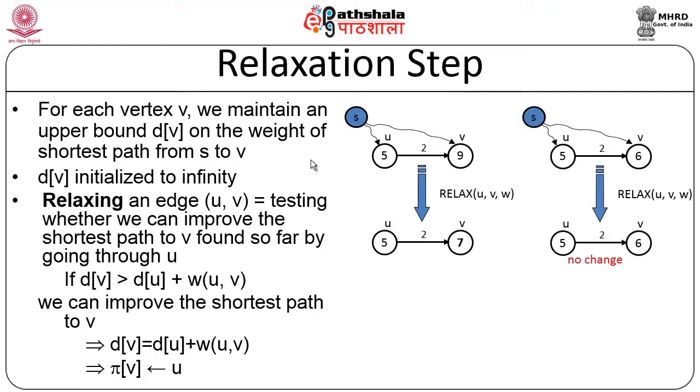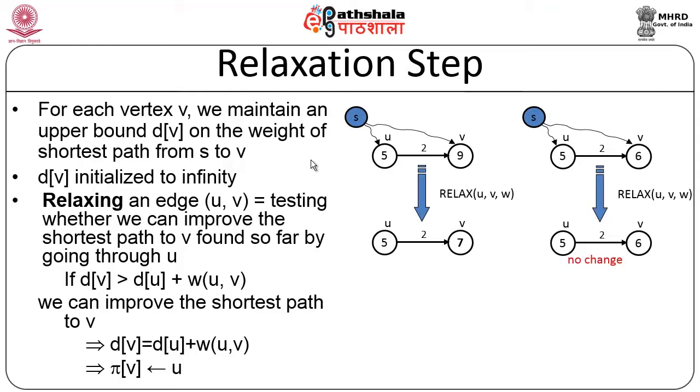Now, we go to a very important step associated with shortest path algorithms, that is the relaxation step. First we saw an initialization step. We initially assume that the estimate is infinity, and we also assume that the predecessor of every node is nil. Then we start the algorithm, and the source node's distance is put as 0.